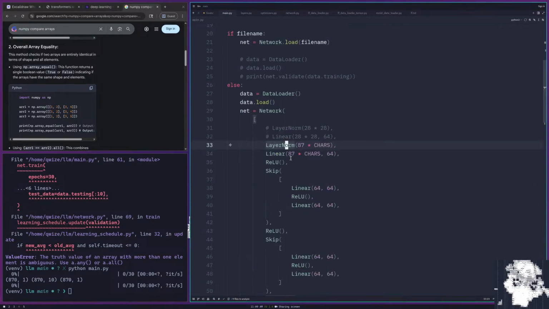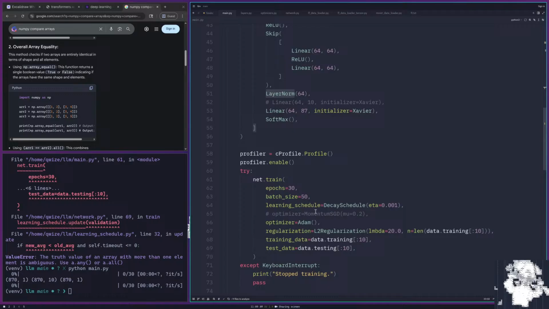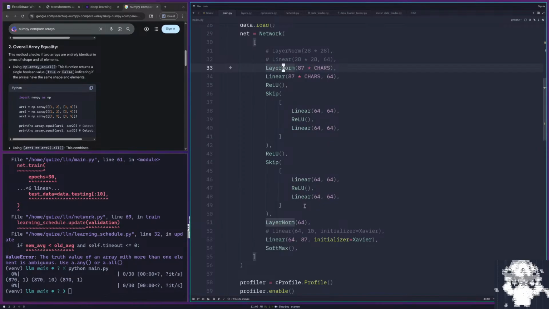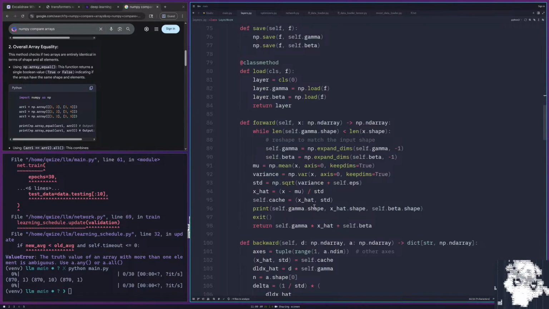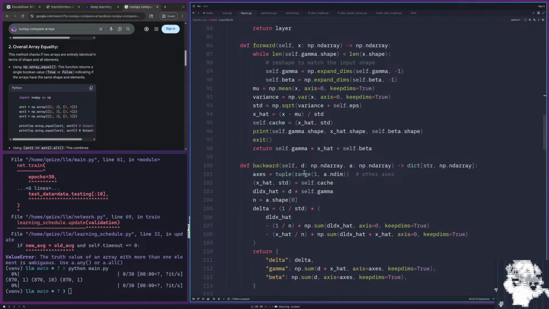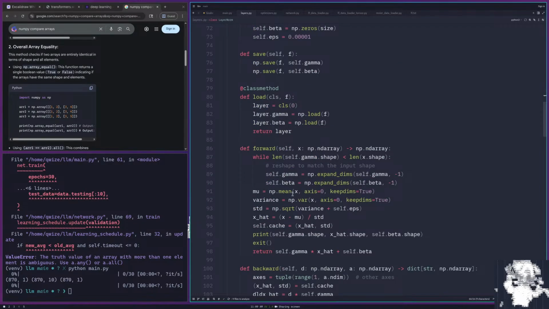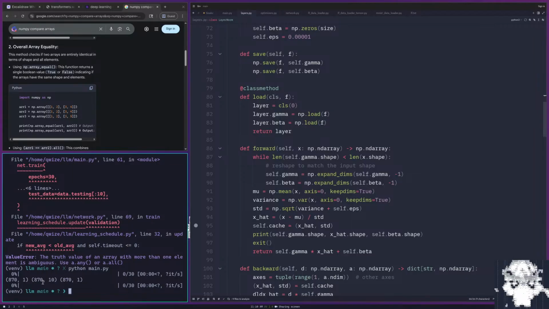Batch size is 50. Where is 10 coming from? Why is the input 870 by 10?